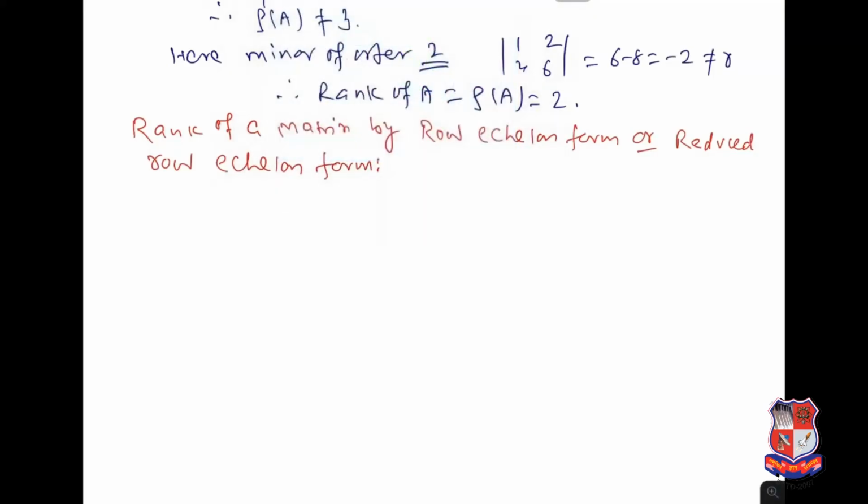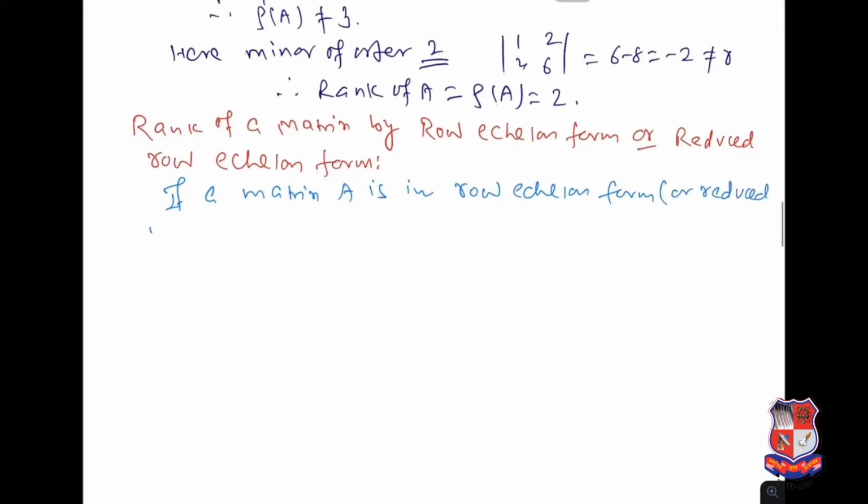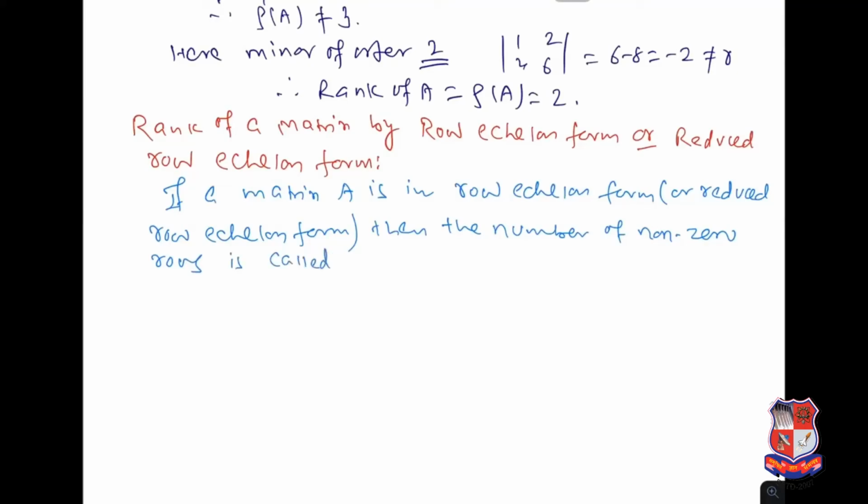It says like this: if a matrix A is in row echelon form or reduced row echelon form, then the number of non-zero rows is called the rank of the matrix.